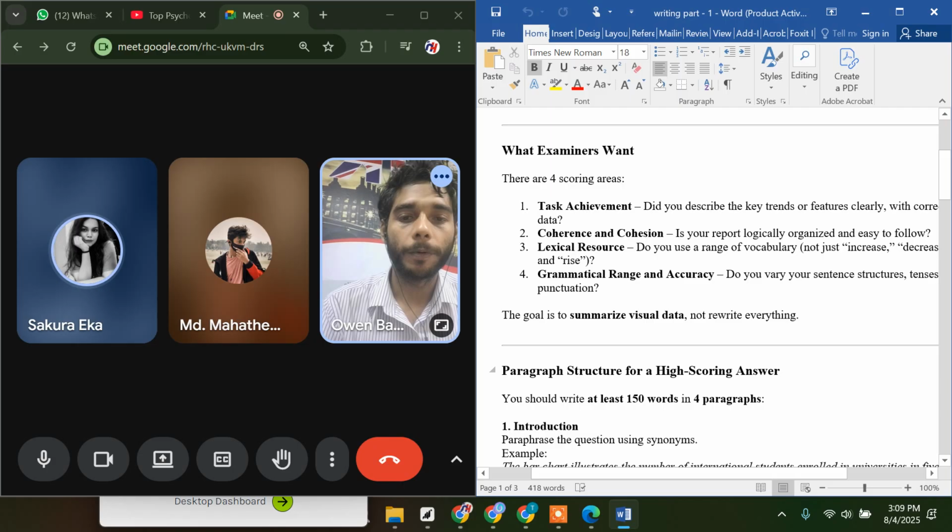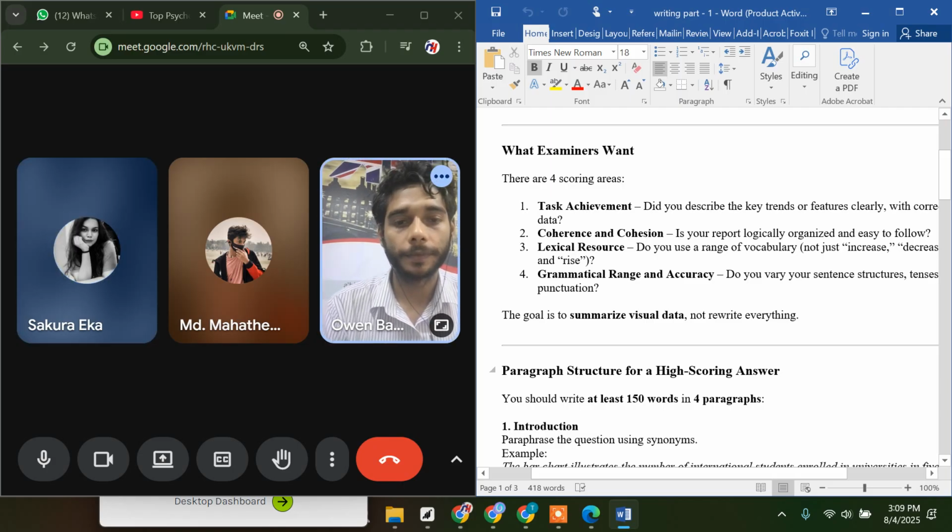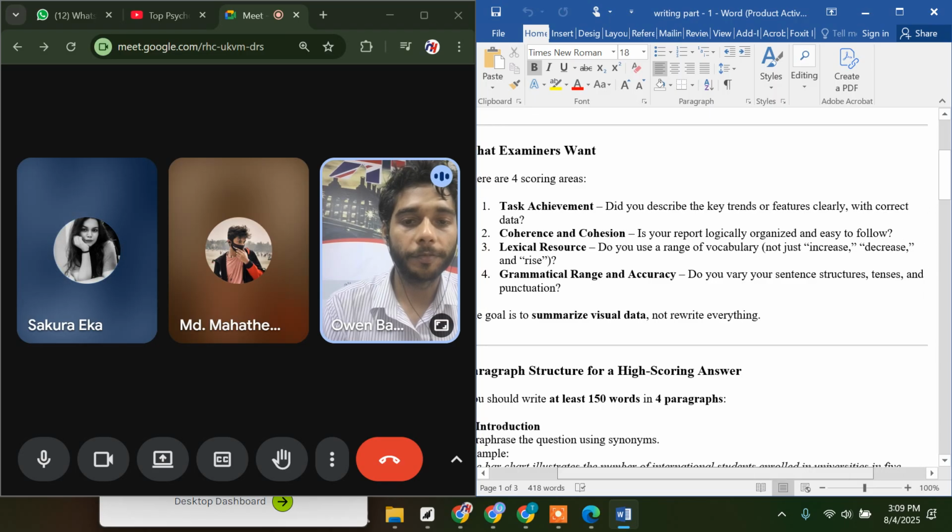So, what the examiners want. There are 4 scoring areas. Task achievement: did you describe the key trend or feature clearly with correct data?